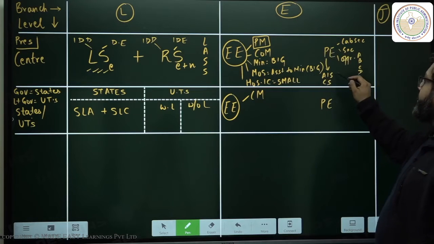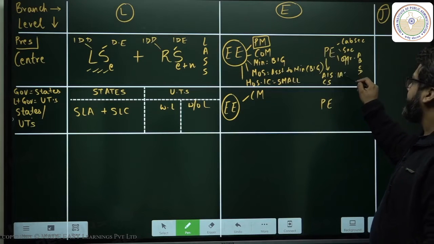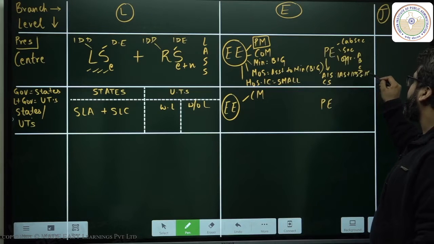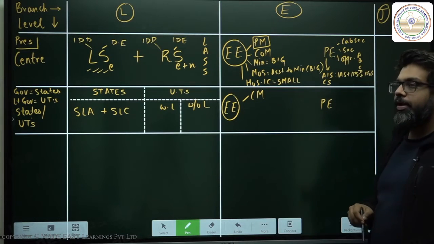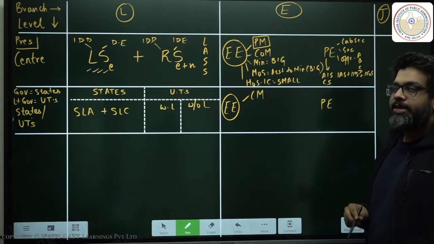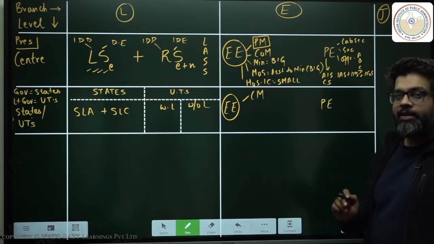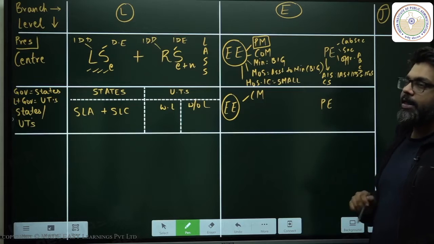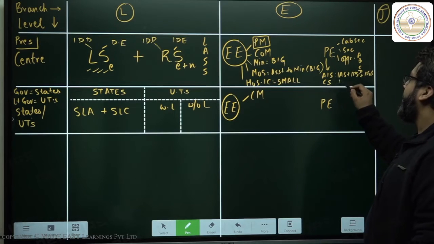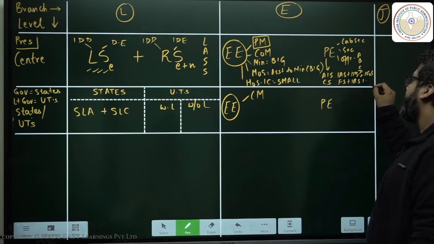All India Services are IAS, IPS and Forest Service, not Foreign Service, Forest Service. Foreign Service is a Central Service. So, Foreign Services, Revenue Services, Railway Services, etc.